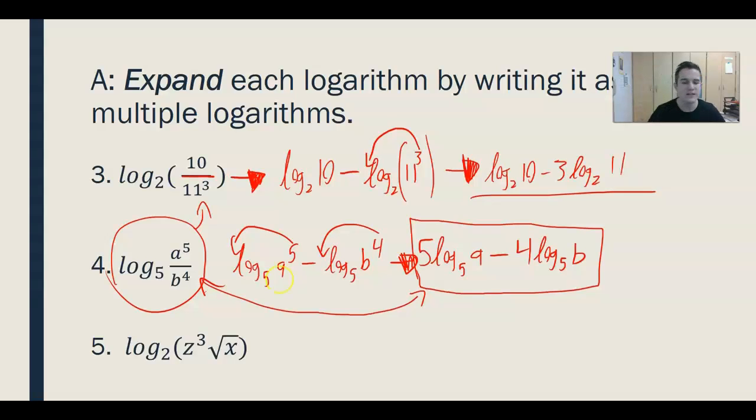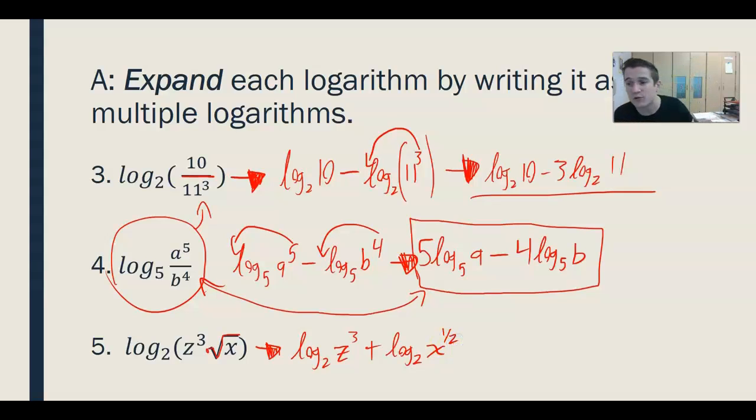Let's do one more expanding problem. I have log base 2 of z to the 3rd times the square root of x. So when I multiply those, I can expand that to log base 2 of z to the 3rd plus log base 2 of the square root of x, or I can write the square root of x as x to the 1/2 power. Remember, I can write a radical as an exponent, so the square root of x is equal to x to the 1/2 power.